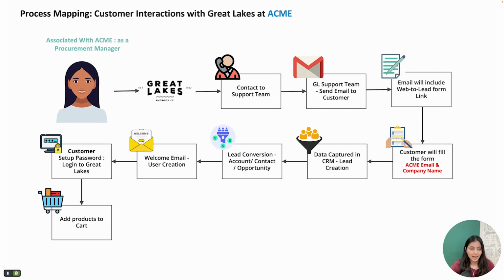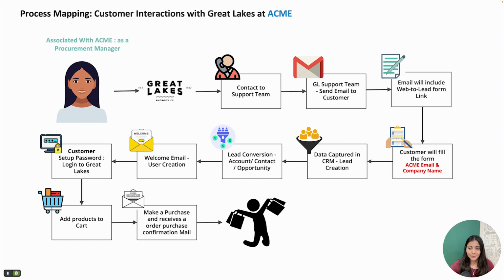She adds some products to the cart, and some to the wish list for a future purchase. For the products in the cart, she places an order. Once she places the order, she receives an order confirmation mail listing the products she has ordered. And that's how she made her first happy purchase with Great Lakes.